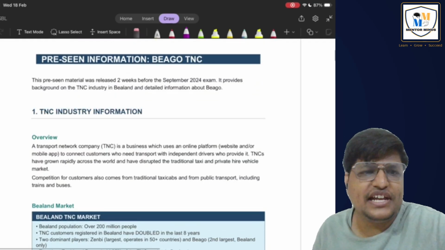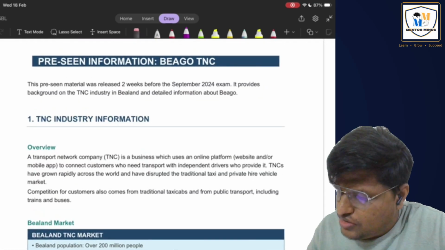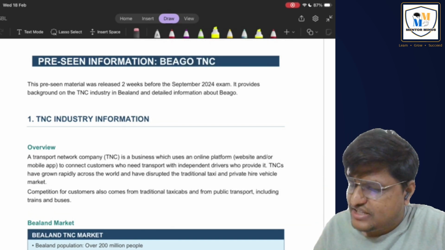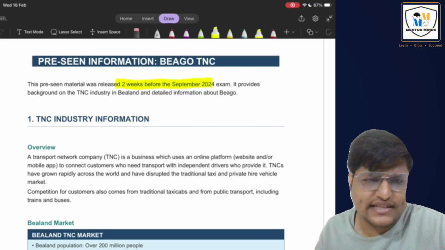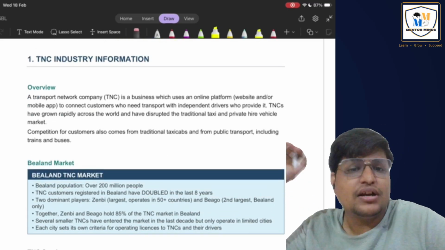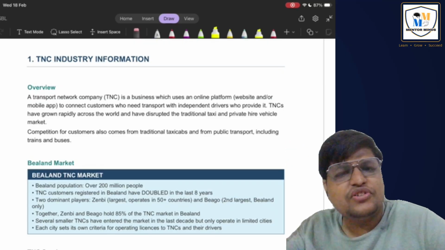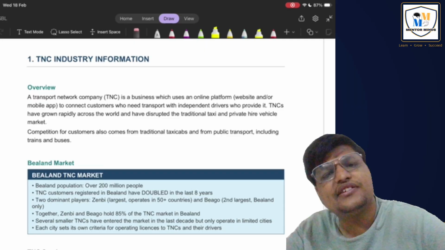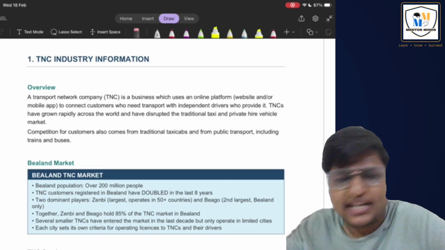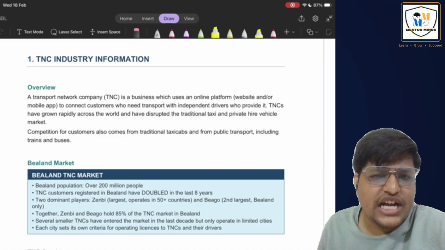Then we start reading the pre-seen. So what does this company say? As I already told, the pre-seen is released 2 weeks before the exam. It gives the details of the company: what their markets are, what services they provide, how much their share is, what their strengths are, everything about that industry. Now, what do we mean by a transport network company?